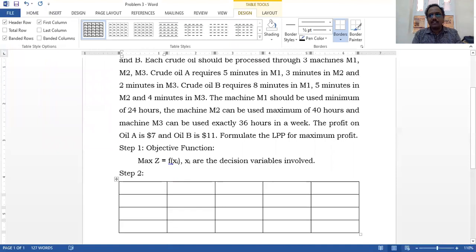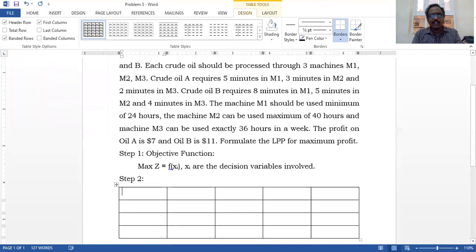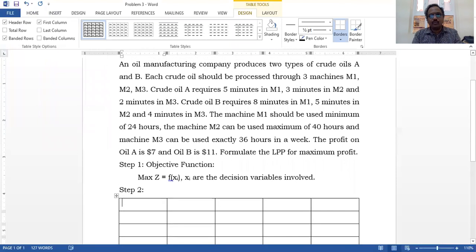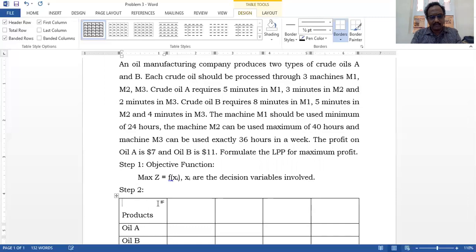Here, what are all the things they have given? When I check, they have defined 2 products: one is oil A and one is oil B. And they have defined the requirements. So let me make it on the top.